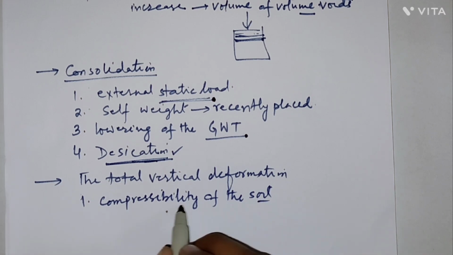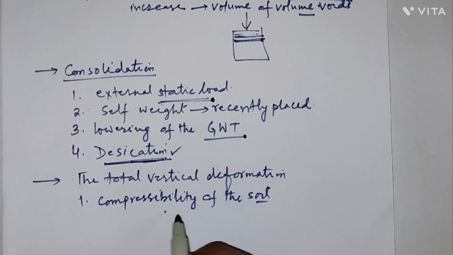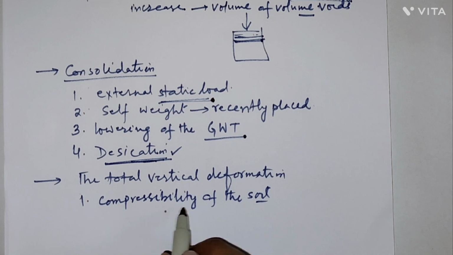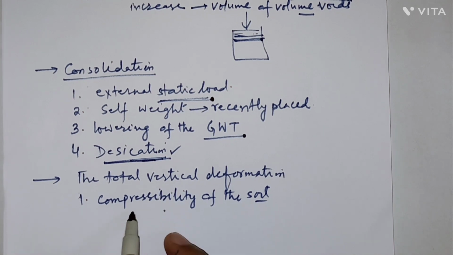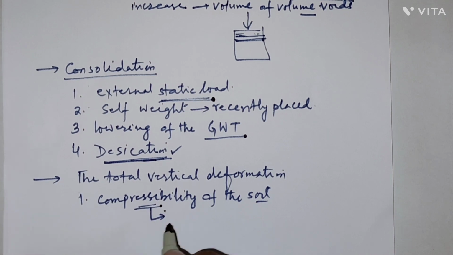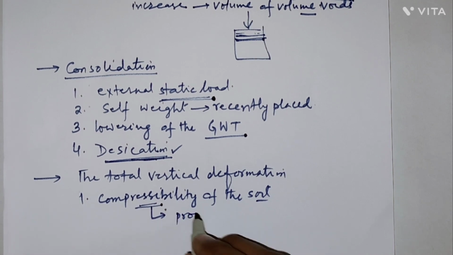We have studied permeability in several lectures. Permeability is also a soil property which allows water to pass through it. Compressibility is another property of the soil.